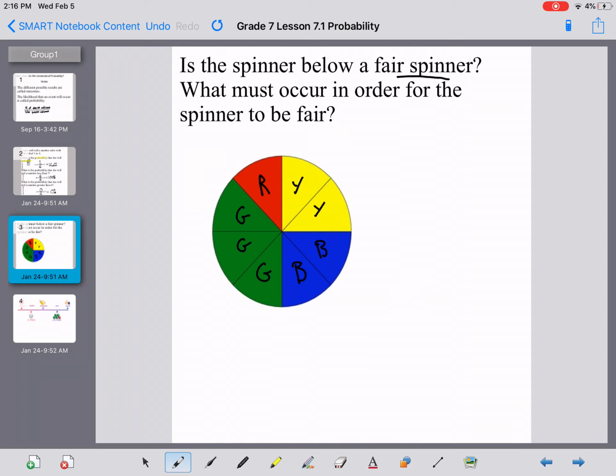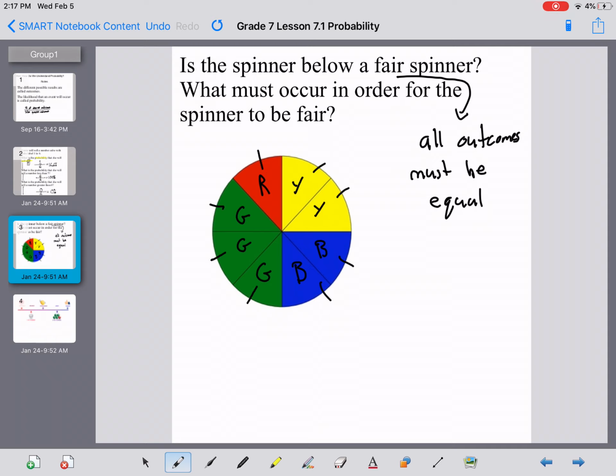So, in order for an object to be fair, all outcomes must be equal. If I look at this, there's 2 yellows, 2 blues, but then there's only 1 red, and 3 greens. So no, the spinner is not fair.